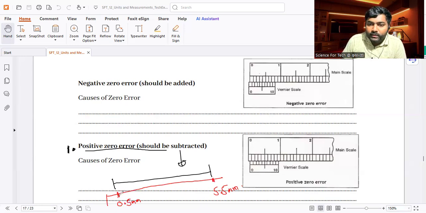So you haven't started with zero, no? So what do you have to do to get the actual value? What is the actual length of this line? Did you get my point? This is not started. Okay, wait.